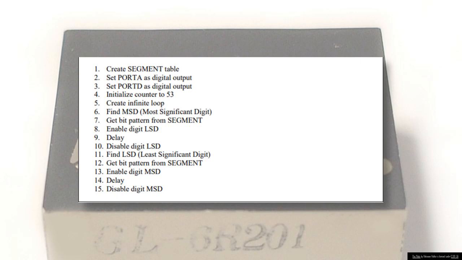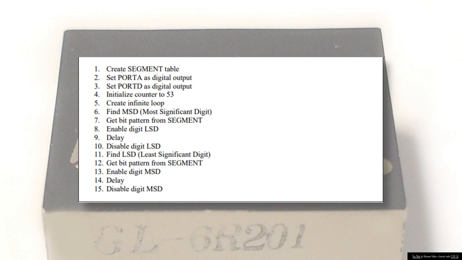First it has to enable the digit from the LSD, so it will display the 3 first rather than the 5. After that it will have a short delay because the 7 segment display cannot refresh fast, as it has no high refresh rate.